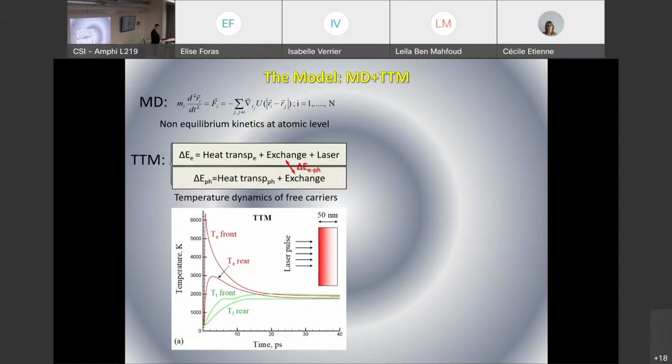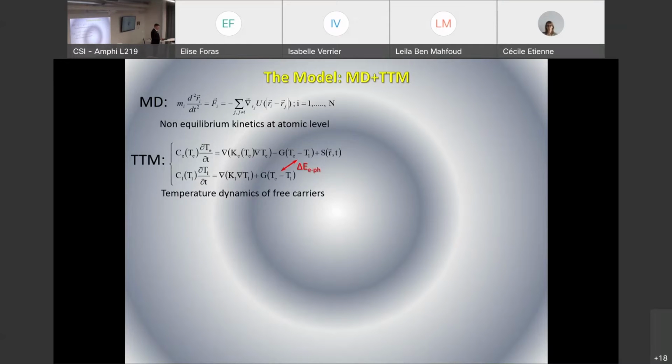It looks like the energy balance between the electron system and the phonon system, describing heat transport, energy exchange, laser absorption, and it's actually two differential equations, diffusion equations, standing for electrons and for phonons. And they are coupled via the electron-phonon coupling.